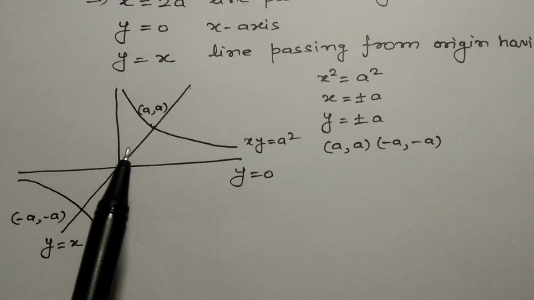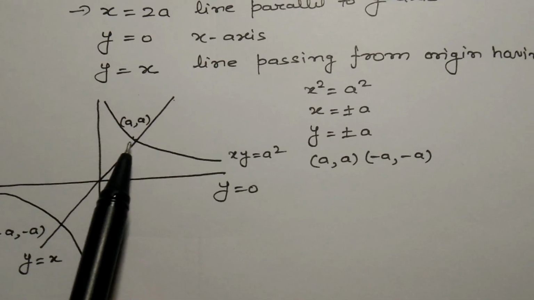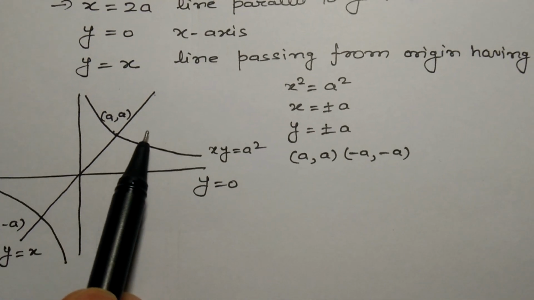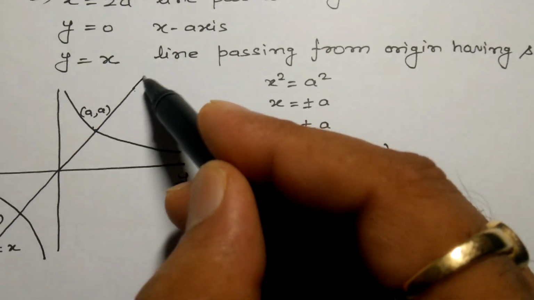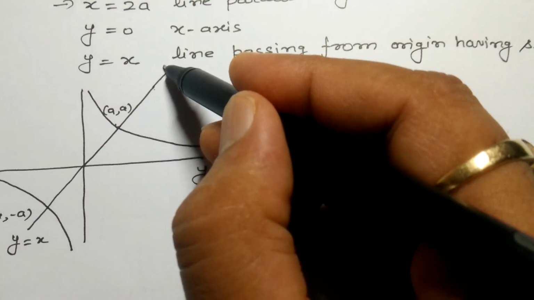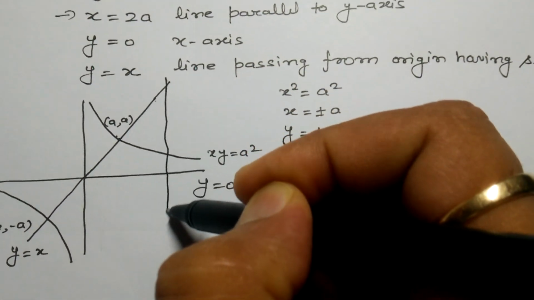Since we have to focus on the first quadrant, I'll be taking this point, which has x coordinate a, so x is equal to 2a will be to the right of it. So definitely the line x is equal to 2a, I'll plot from here.